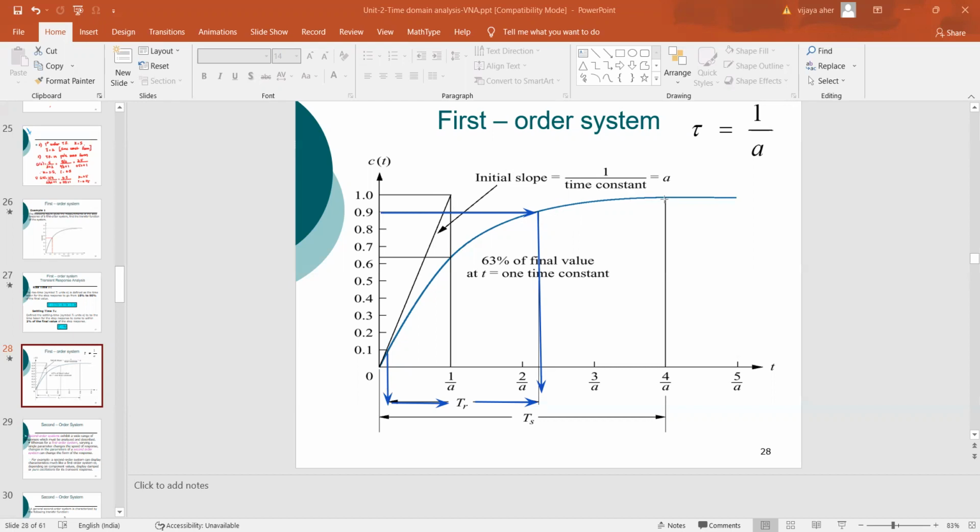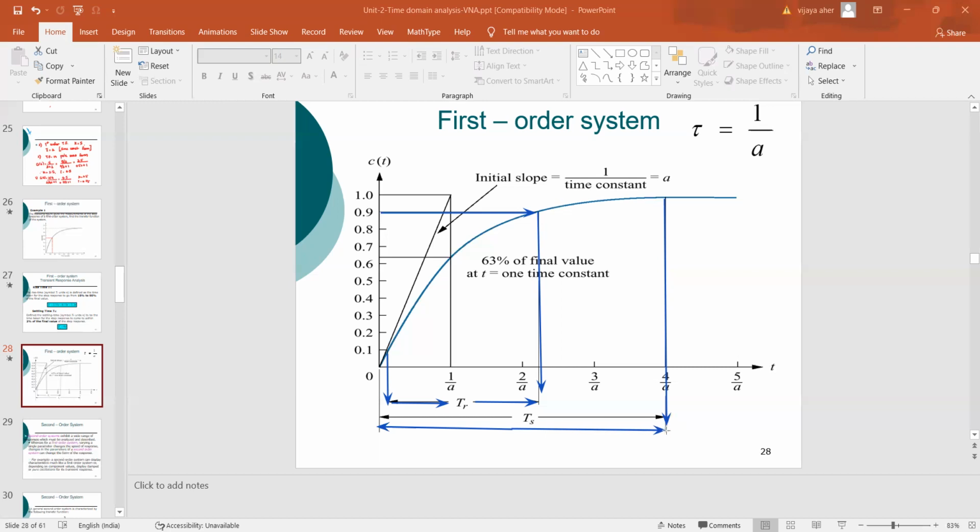This is the time taken by the first order system, from this point to this point. So from this point, this is your settling time.